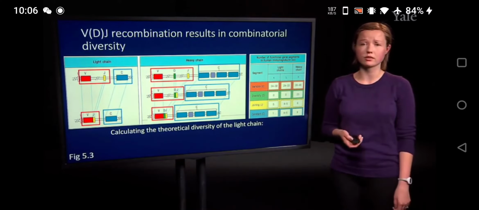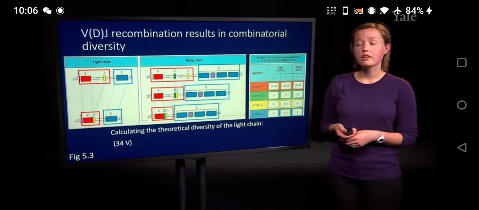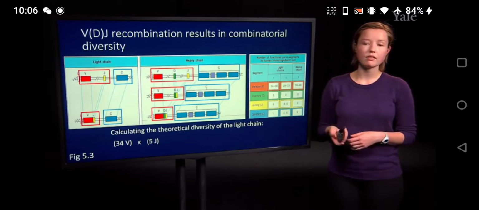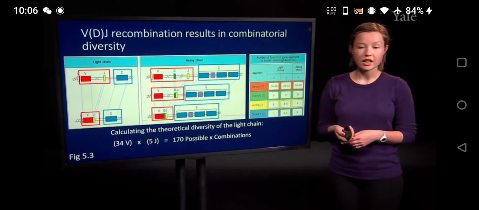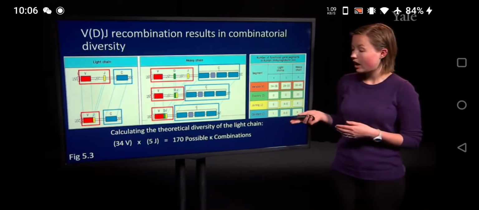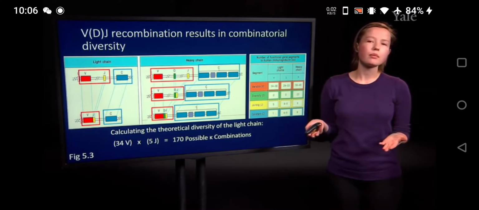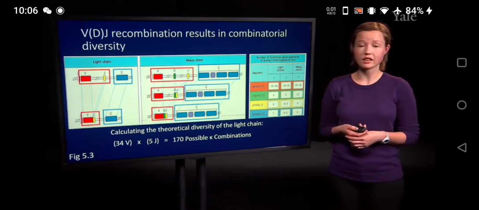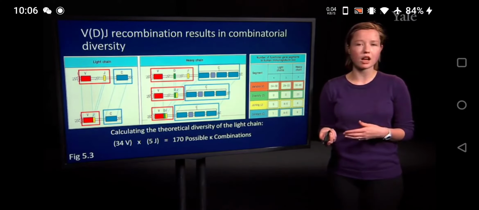So here, if we have 34 variable segments and 5 joining segments for the kappa chain, this results in 170 different possible combinations. But if you remember, for B cell receptors, there are actually 2 different types of light chains, so this calculation also needs to include the possible combinations for the lambda light chain.